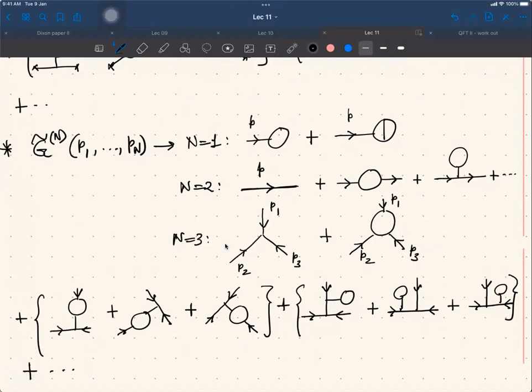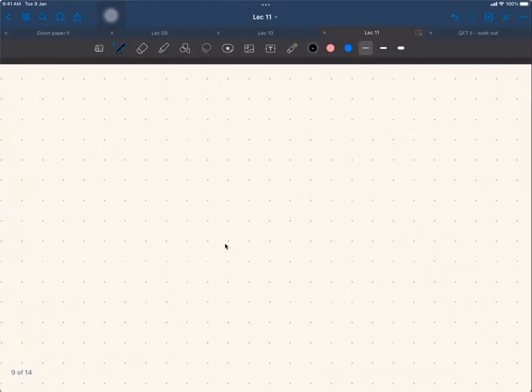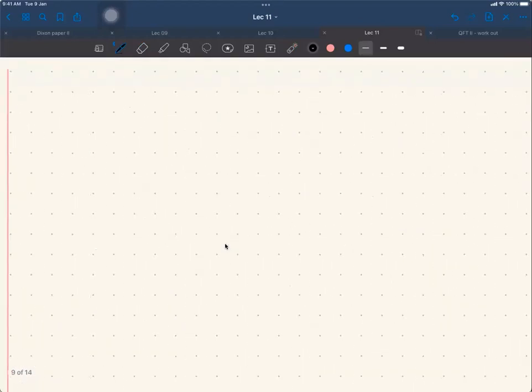Now, as promised in the previous lecture, we will do a few exercises where we draw a momentum space diagram and then apply the momentum space Feynman diagram rules that we spelled out in the last lecture, to evaluate the mathematical expression for these diagrams. This is the exercise we will do now for a couple of diagrams.